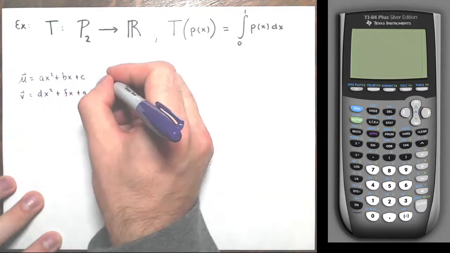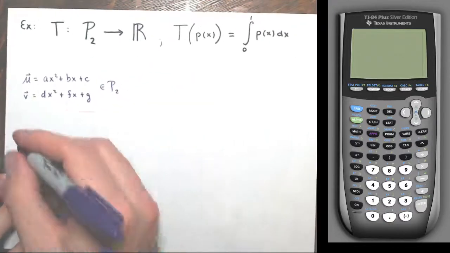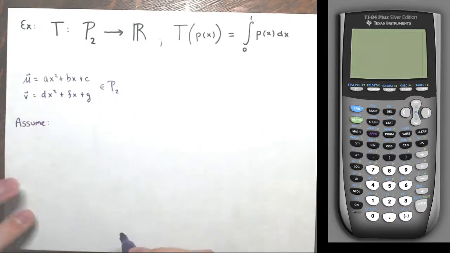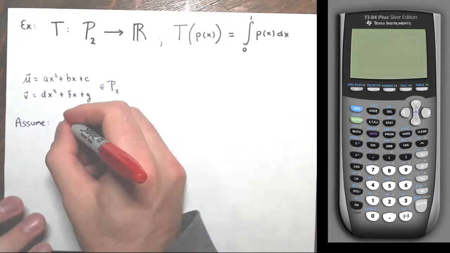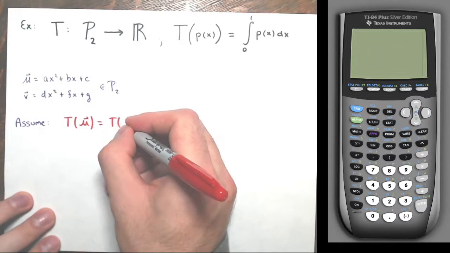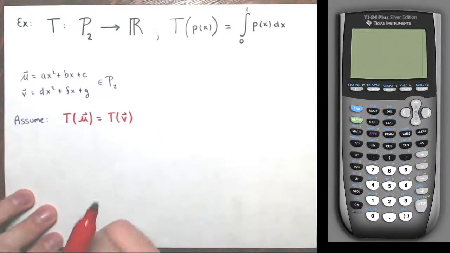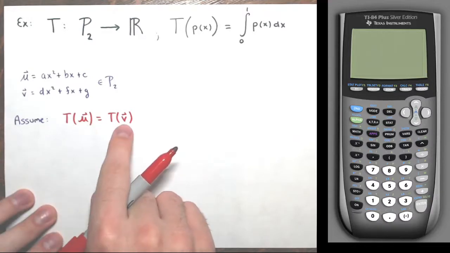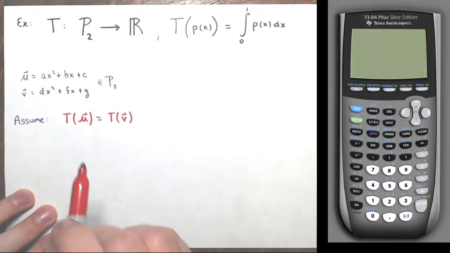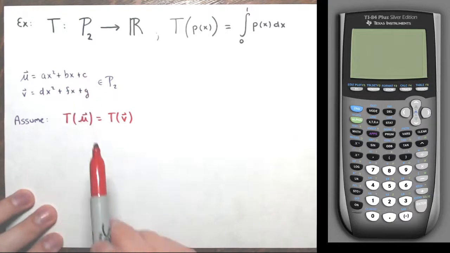Both of these belong to the domain, polynomials of degree 2 or less. We're going to assume that their images are the same under T, that T of u is equal to T of v, and then we're trying to show, if we can, that u is equal to v. Hopefully that's the case, and then T would be one-to-one. So basically, we're trying to show that a equals d, b equals f, and c equals g.